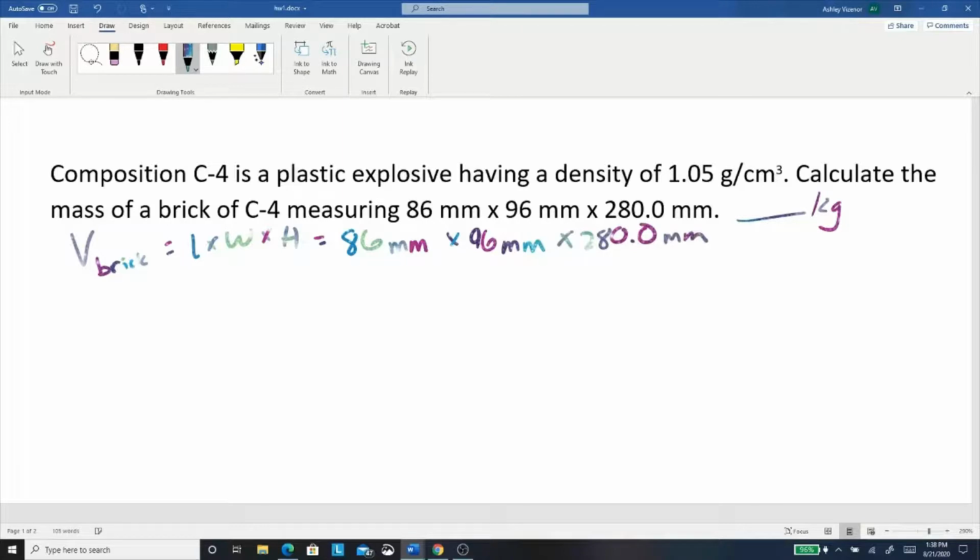Now, if you want, you could convert each of these millimeters to centimeters right away. I'm going to do it a little differently just to show you another way of some conversions. So this gives us 2,311.68 centimeters. Not centimeters. I jumped ahead of myself. Spoilers. Sorry.